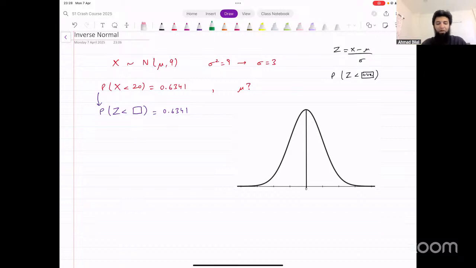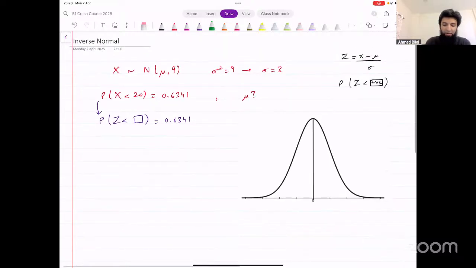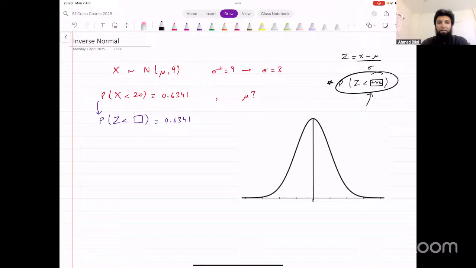But we can't use the table unless we are sure that it is the standard form. What's the standard form? Z less than a positive number. It has to be standard form for us to be able to use the table. It has to be z less than a positive number. So we have to be sure that this number is positive, right?